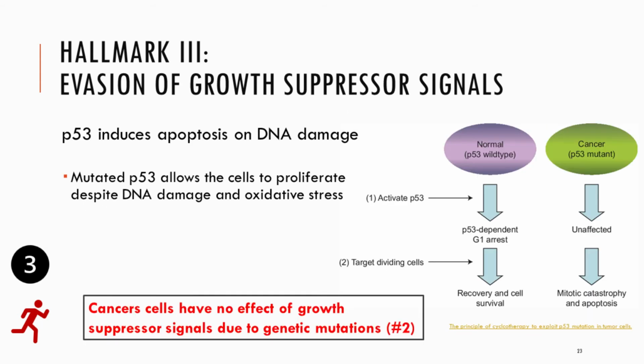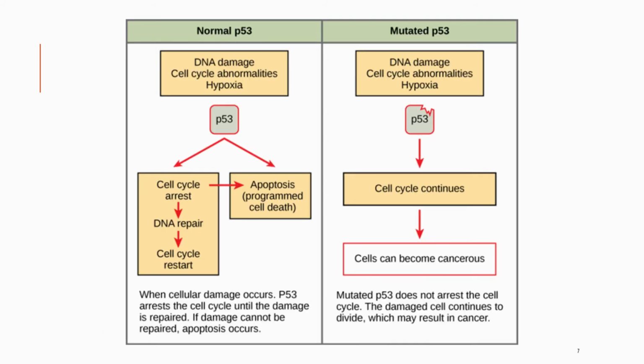In the case of p53, if it finds that the cell's DNA is damaged beyond repair, the p53 gene induces apoptosis, eventually killing off the cell. By killing the damaged cell, the p53 gene stops the cell from spreading the abnormal damaged DNA to other cells. However, if the gene is mutated, the cell does not undergo apoptosis and hence continues to spread damaged DNA.